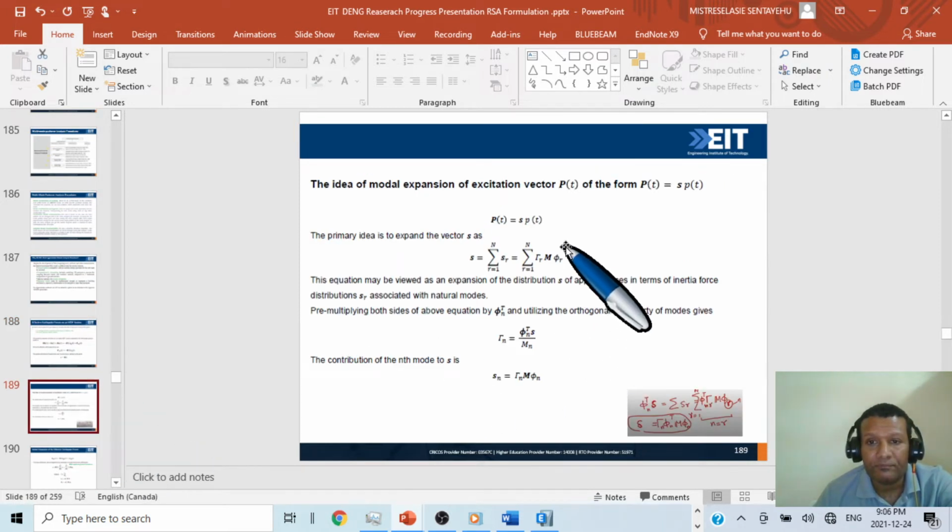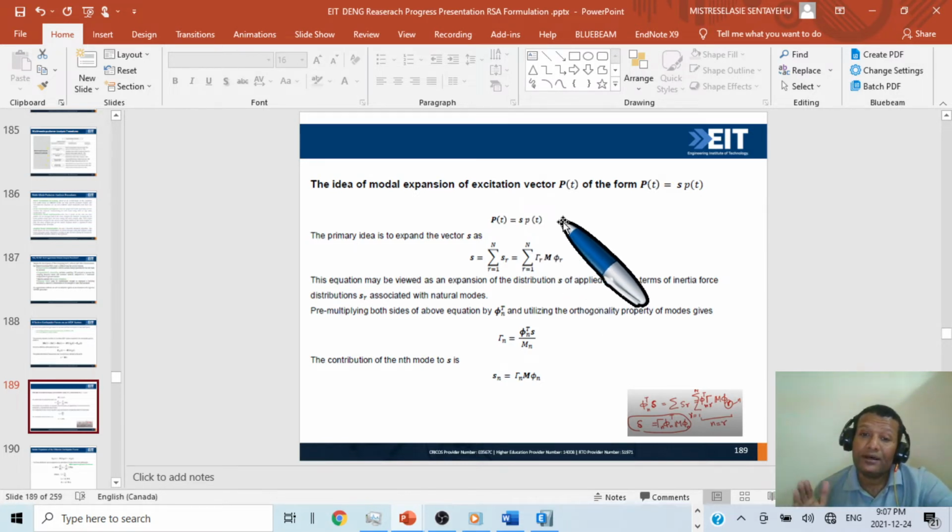What does it mean? The idea is the modal expansion of the excitation vector P(t), of the form P(t) equal to S times p(t). This is a very important concept: modal expansion of the excitation vector P(t), S times p(t).